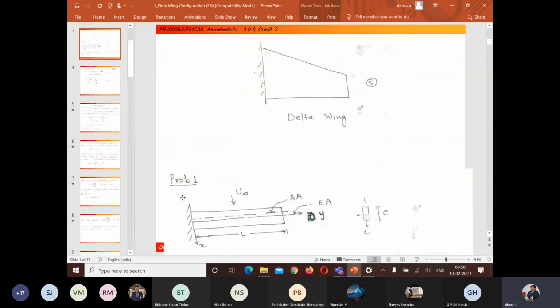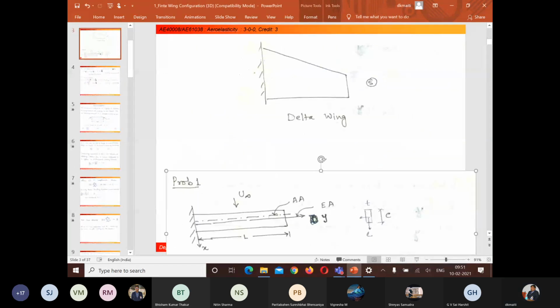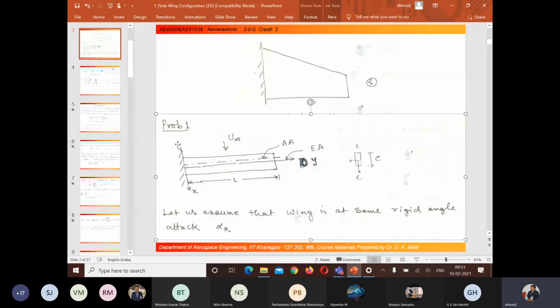The wing is connected with the fuselage, and the fuselage is considered a rigid structure, and that's why I am taking that boundary condition as the clamped boundary condition.